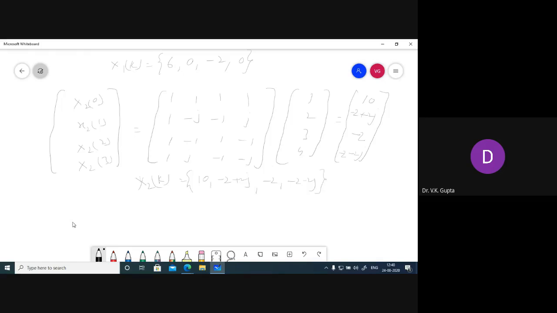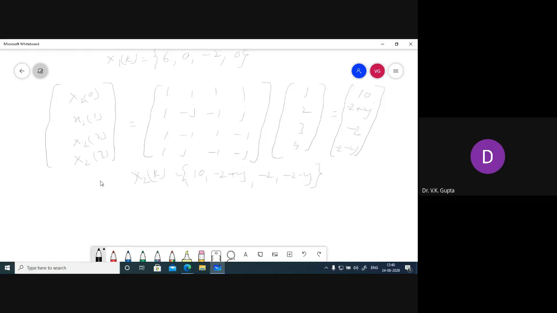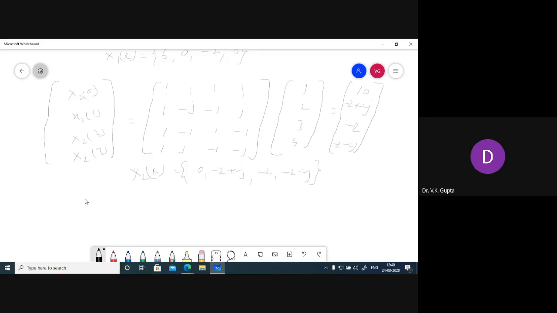Then the next step is multiplication of these two. X3(k) is equal to X1(k) into X2(k).